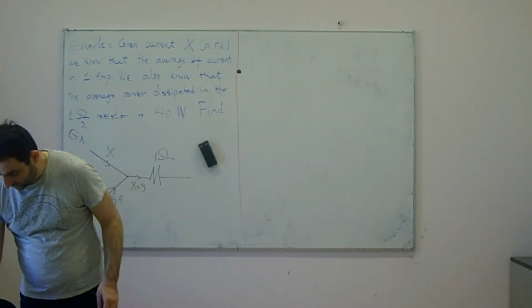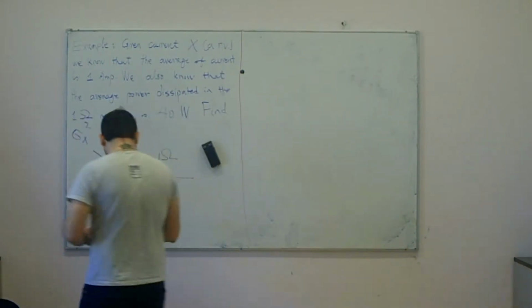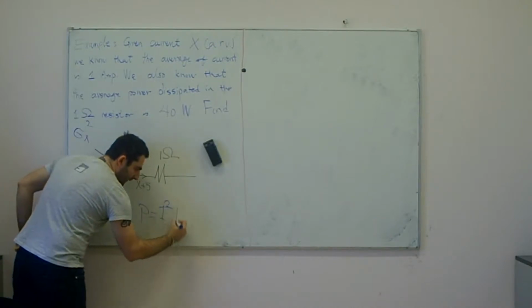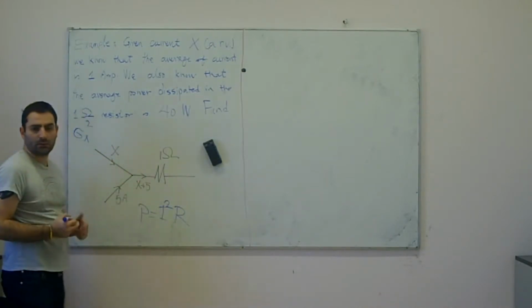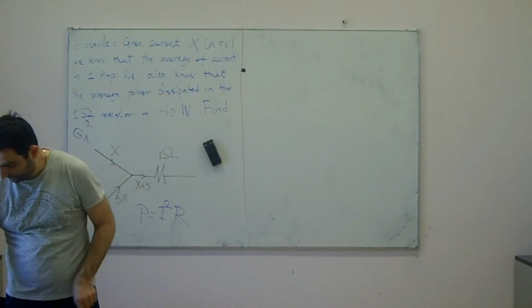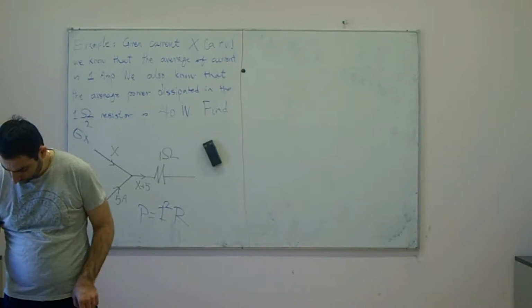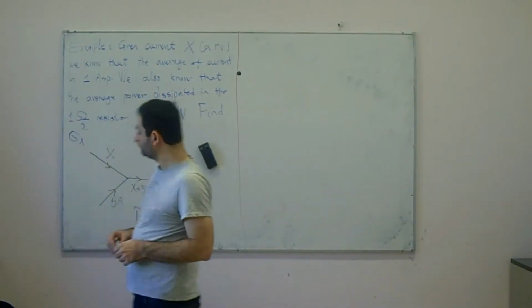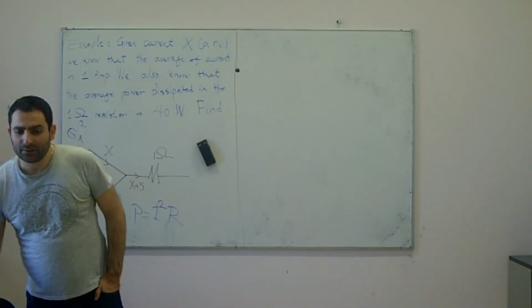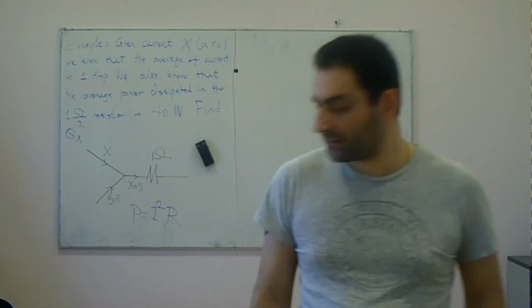We already know everything. Also, this is given: power is equal to I squared R. Power is I squared R. Okay, think about it for a minute.